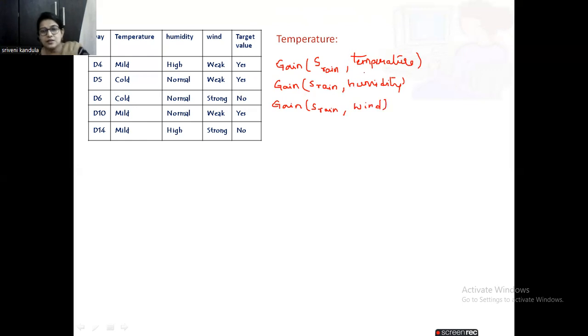After calculating this, whichever is giving us a maximum value, that we will be considering as the next attribute for the root node.